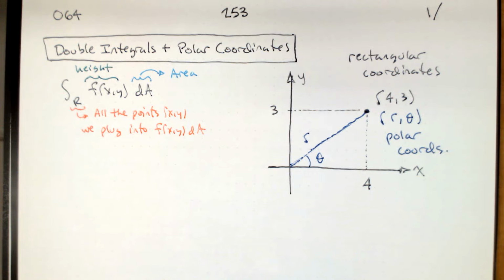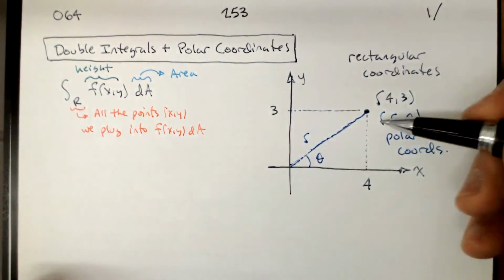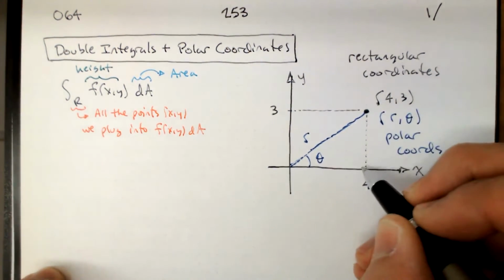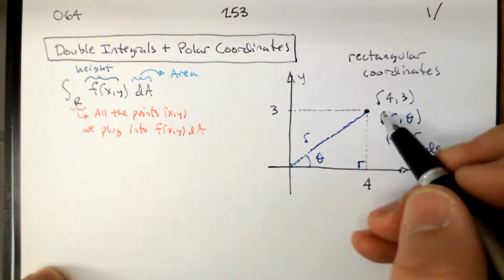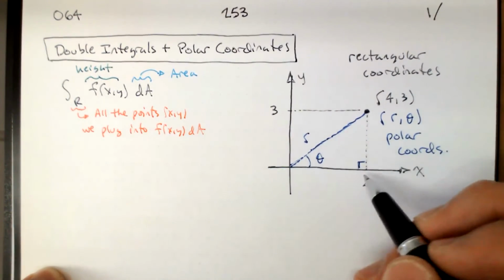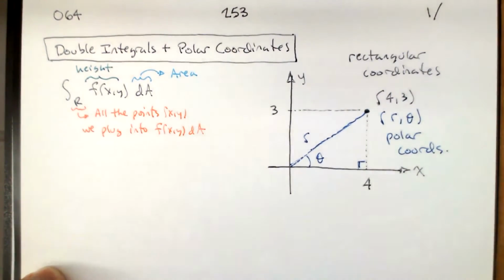We've seen polar coordinates before. These are the same polar coordinates. We just want to remind ourselves. Let's suppose that we have rectangular coordinates 4, 3, and we want to find the polar coordinates. What we can do is pull out this right triangle and see that r is the hypotenuse, and I've got a triangle with a base of 4 and a height of 3.